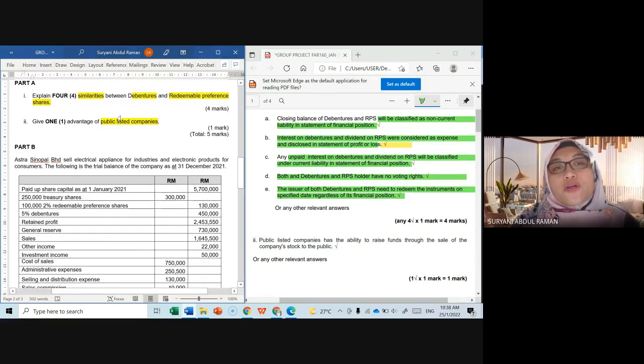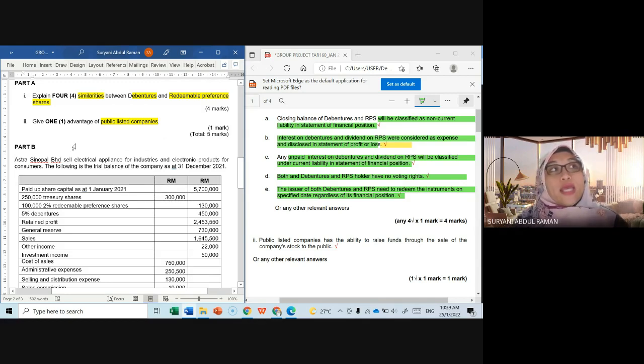And of course, the main advantage is that this company may sell its shares in the stock market. Listed company means the company is listed in the stock market. In Malaysia, we call the stock exchange Bursa Malaysia. In the US, it is the New York Stock Exchange.